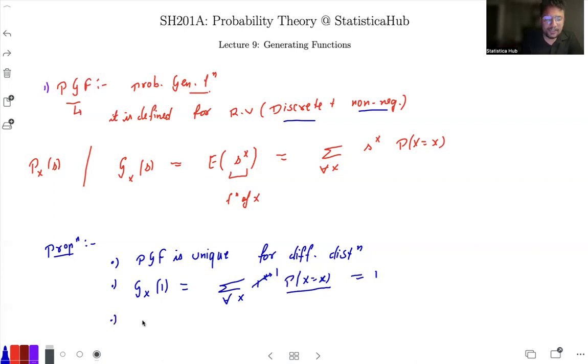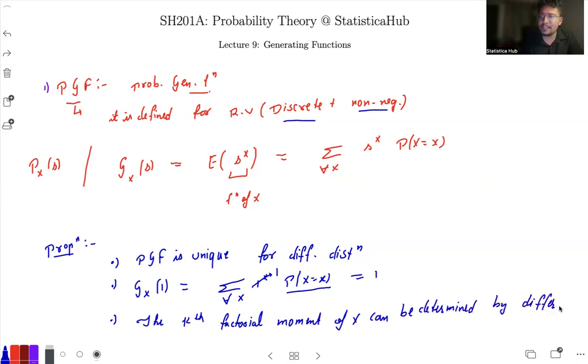The third property we have to take into consideration is that the kth factorial moment of X can be determined by differentiating the PGF k times and finding the value at s equal to 1.